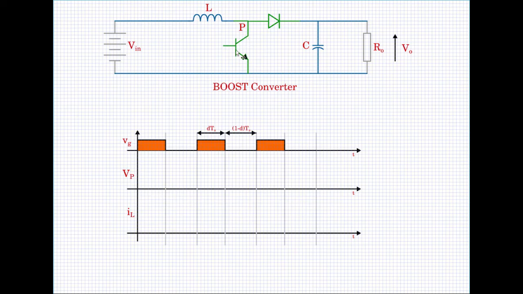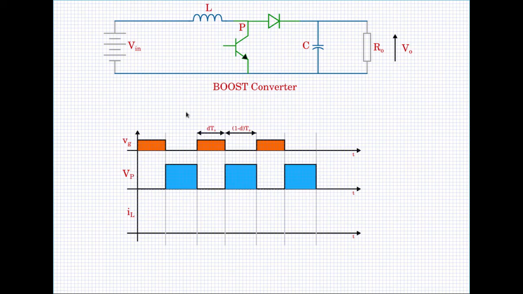Whenever this is off, the diode is conducting, and the inductor sends its charge to the output. So when the diode is conducting, the output is connected to the pole, so it will be V0. So it goes from 0 to V0, then to 0, then to V0, and so forth. Let us put that waveform here.